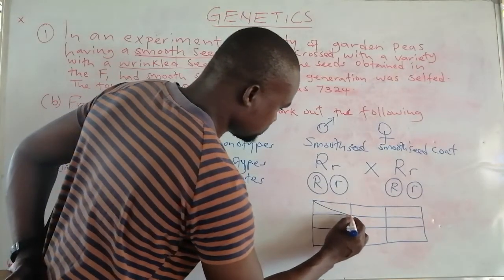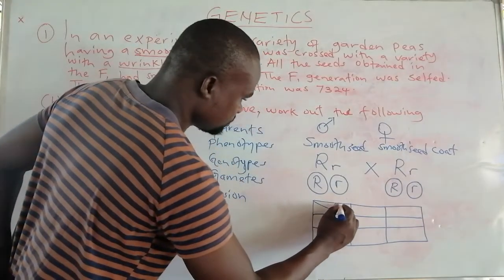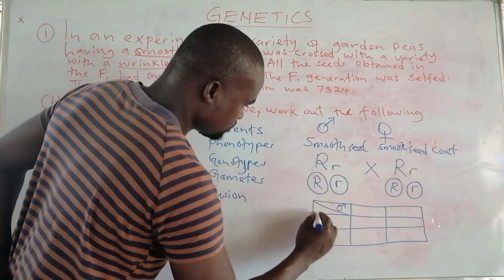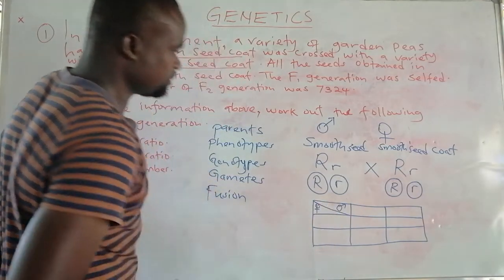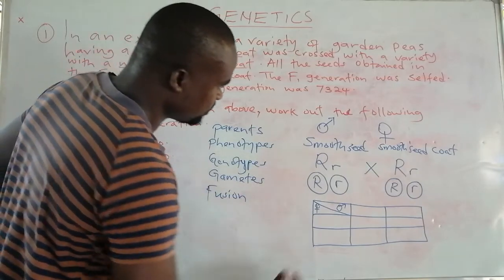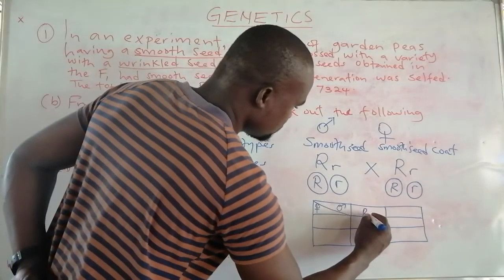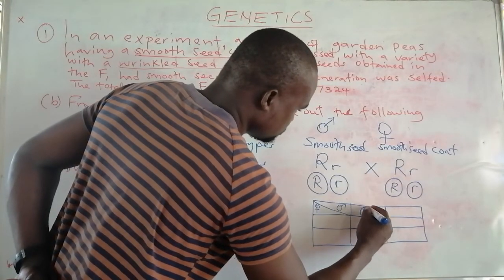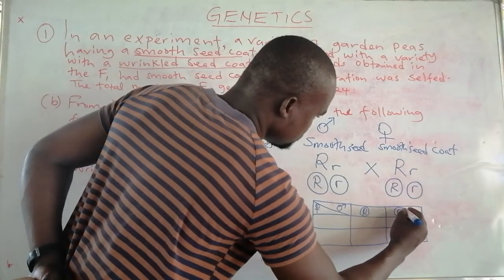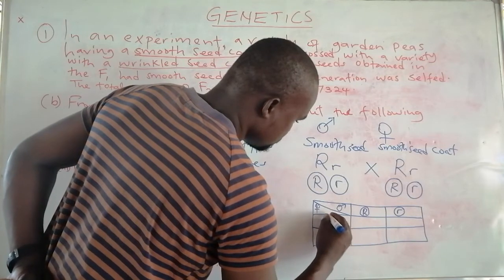We'll have the Punnett square like that. Then here we have the female. So the gametes for the smooth seeds, we have this and this other one, the same to this side.